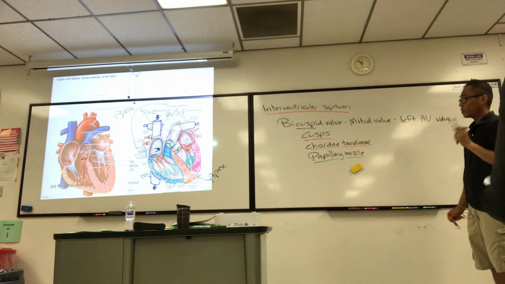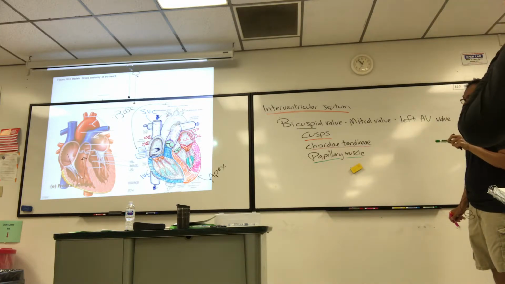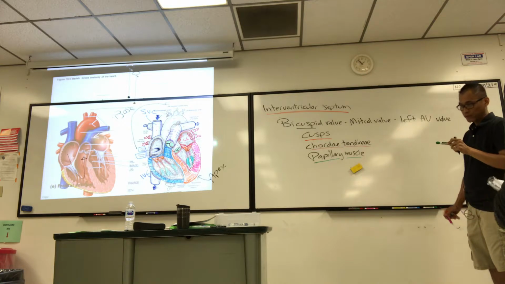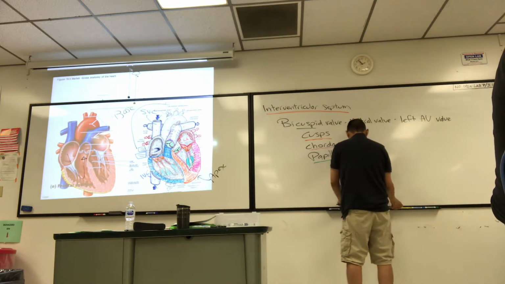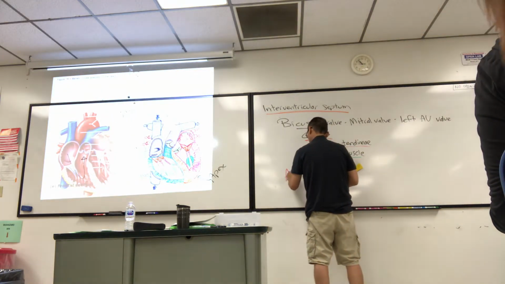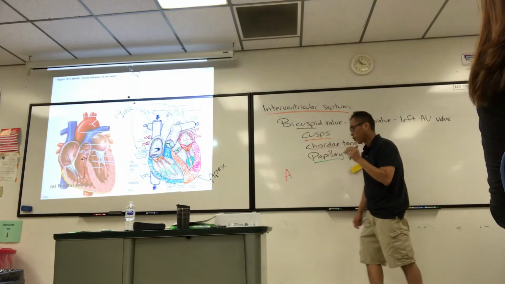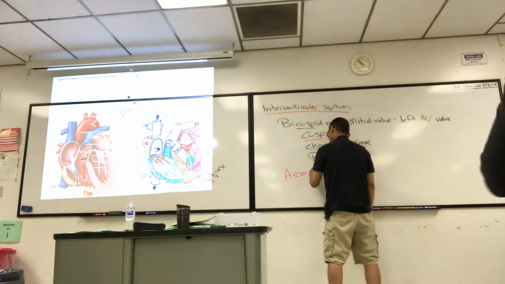All right, so when blood is received by the LV and it pumps it through the aortic semilunar valve, it goes into the aorta. On this picture, there are different parts of the aorta I'll get to later, but the first part of the aorta is the ascending aorta.